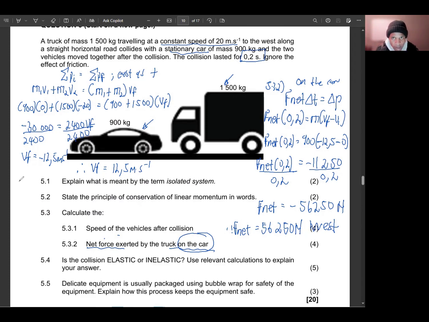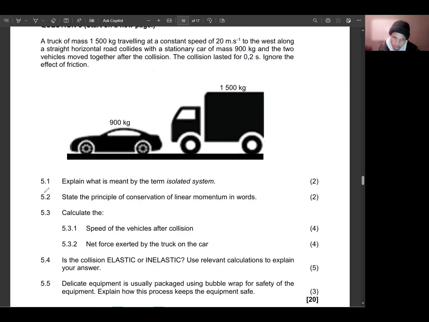Then let's see now. For 5.4, the calculation that we are supposed to perform there is the one that goes EK initially, and then we calculate our EK initially, then also calculate our EK final.